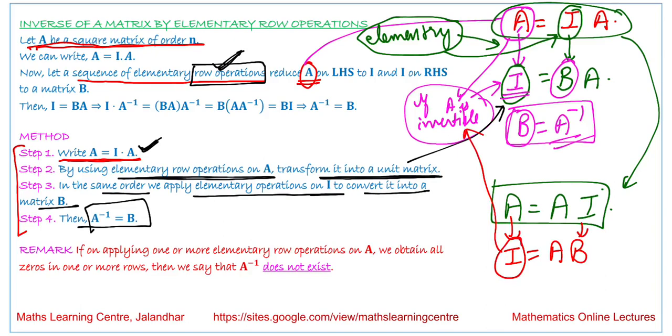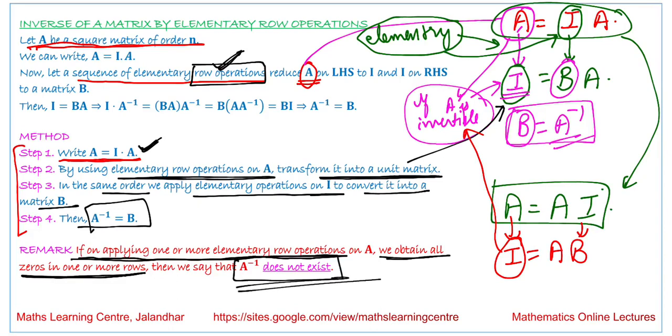This thing is being explained over here in this remark, that if on applying one or more elementary row operations on A, we obtain all zeros in one or more rows, then we say that A inverse does not exist.